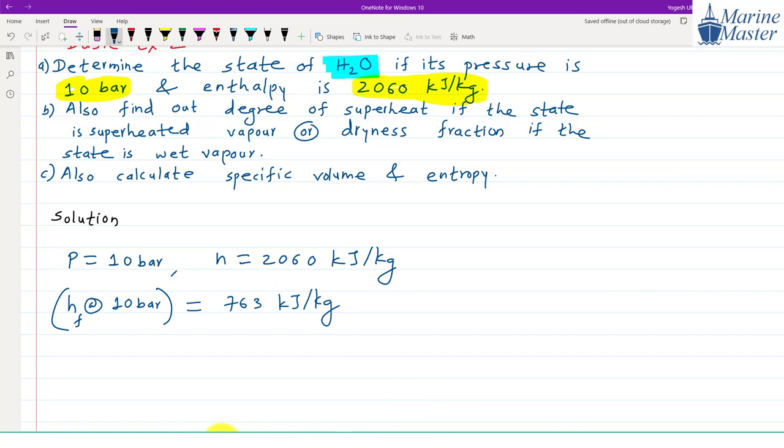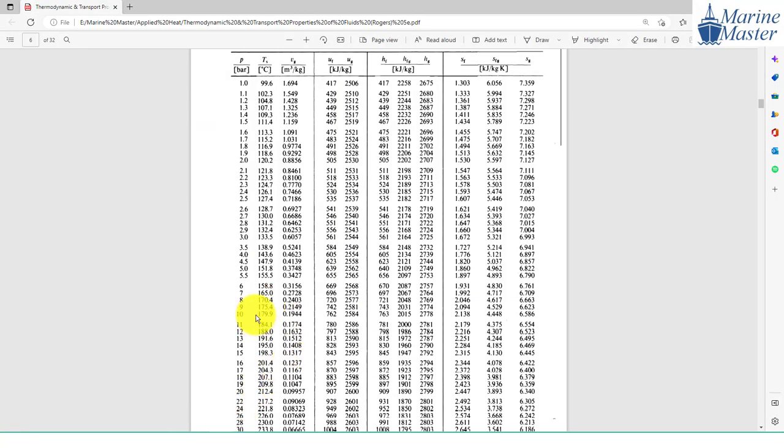Then the next thing we are going to find from the property table is Hg at 10 bar. So we will go to the property table again and find Hg at 10 bar. Let me zoom a little bit.